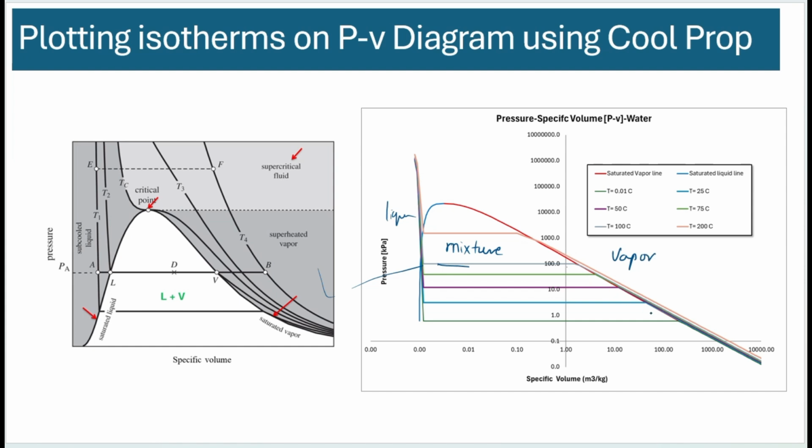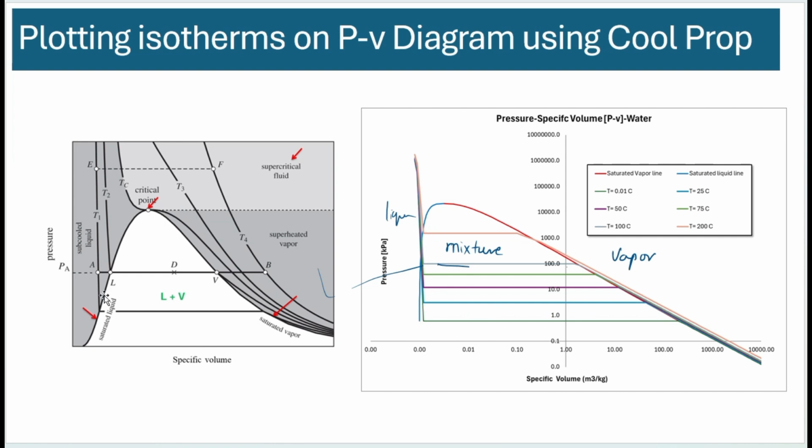So you can see that the pressure drops almost along the saturation curve as the specific volume keeps increasing, and it shoots up really high in the liquid region outside the saturation curve, and it's constant here.